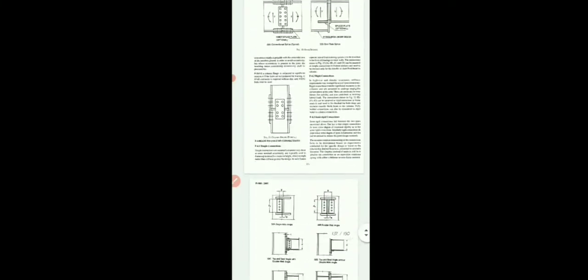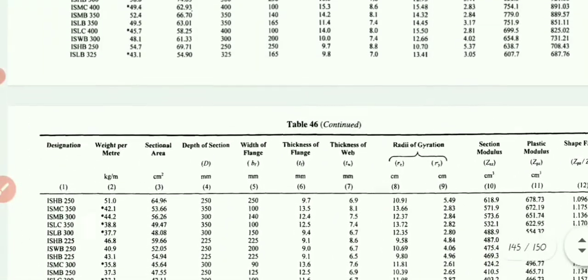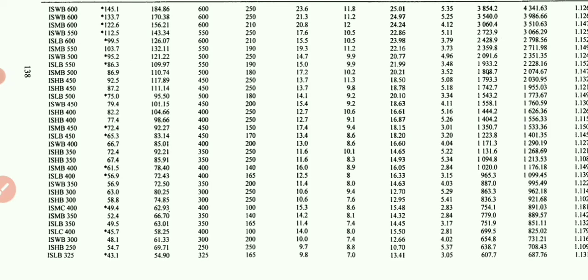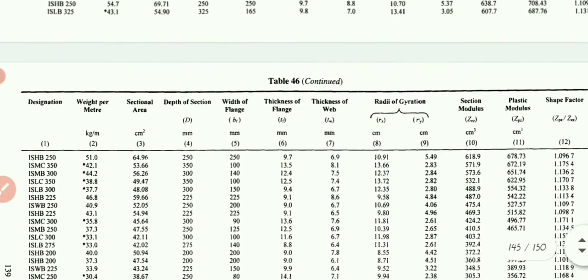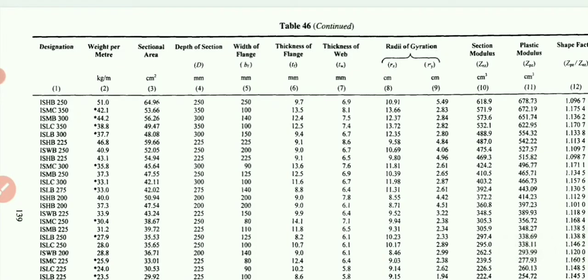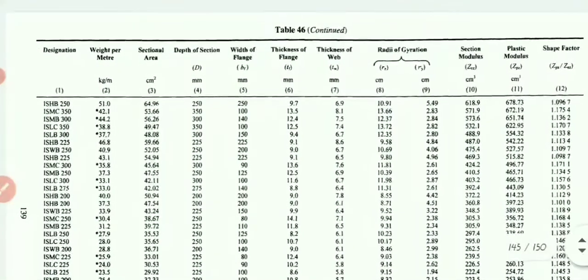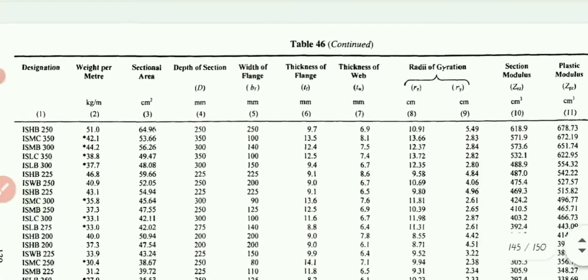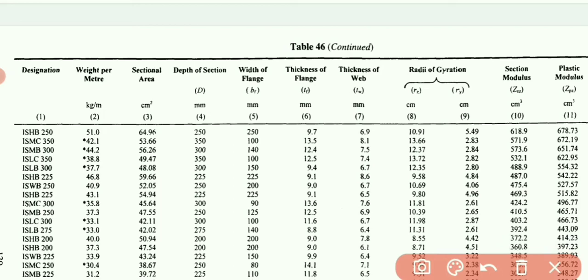We are going to the IS 800, page number 138. See, over here different rolled sections are given. We need to find the property of ISLB 300. Let me search it first of all. Okay, ISLB 300 is over here.